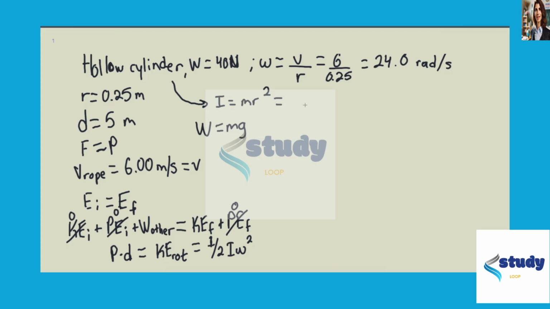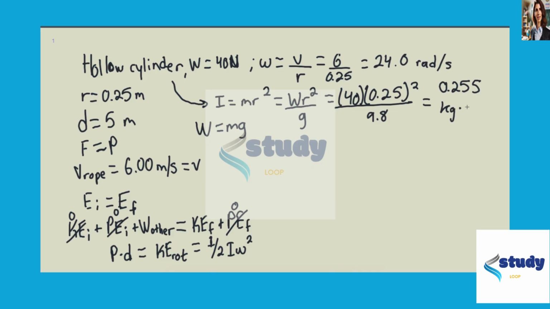So this becomes W r squared over g. After this, we can now substitute and say 40 times 0.25 squared divided by 9.8. And this is going to give us a moment of inertia of 0.255 kilograms meters squared.